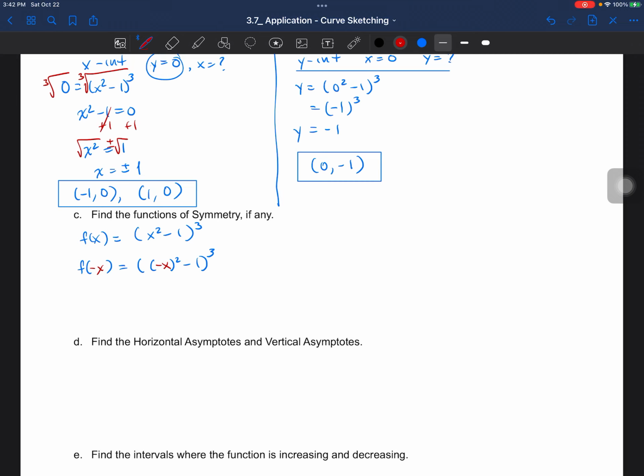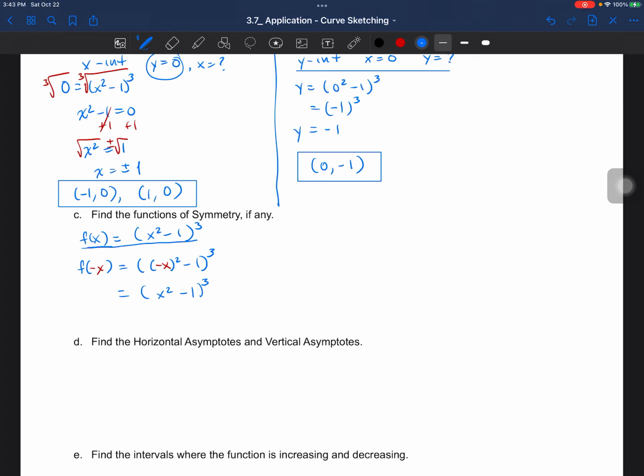If you remember, when you substitute into a variable, you have to put parentheses, because otherwise you will get a different, incorrect answer. So negative x raised to the second power is negative x times negative x, which is positive x squared. You end up getting x squared back, and you still have minus 1, cubed.